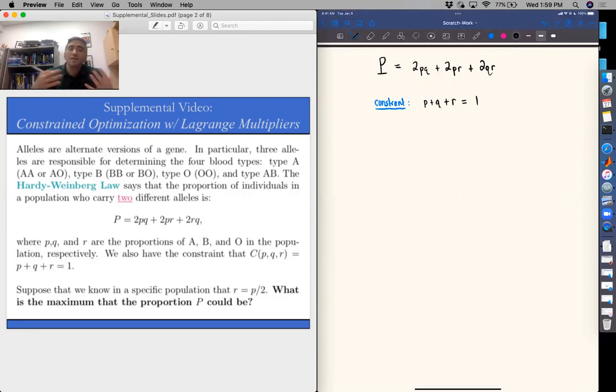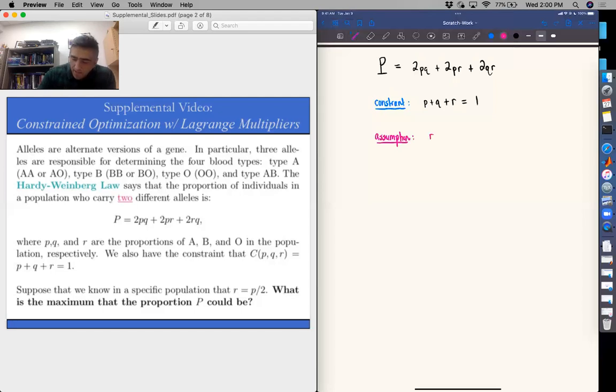And now in class, we've been doing a lot of examples involving equations of 2 variables with 1 constraint. As it stands, this looks like there's 3 variables and 1 constraint. So I'm just going to make the assumption that for the population we're looking at, we know something peculiar about maybe allele R in this case.